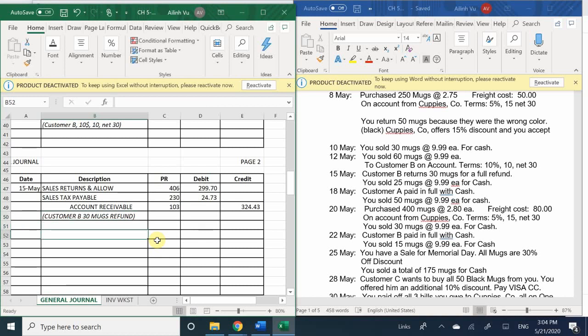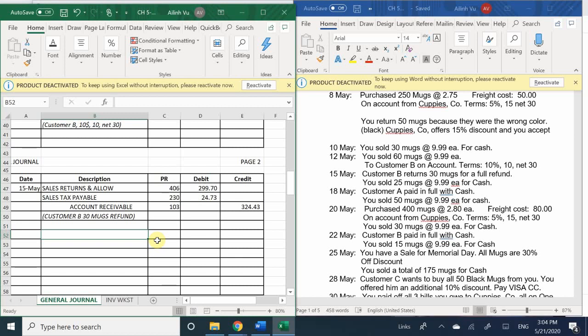All right. Do we need to edit our inventory worksheet? No. Why? Because we're at the end of the month, or at the end of the cycle. Yes, I hear Jabrea saying that it's because it's a sale.